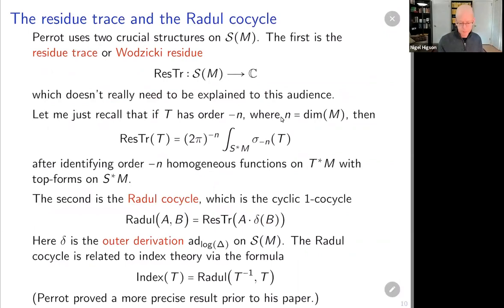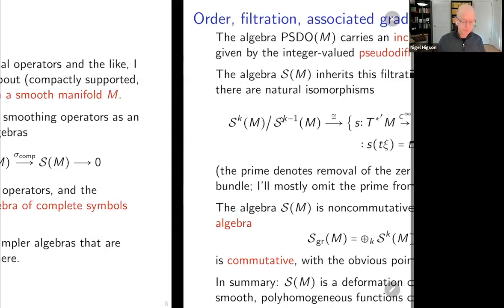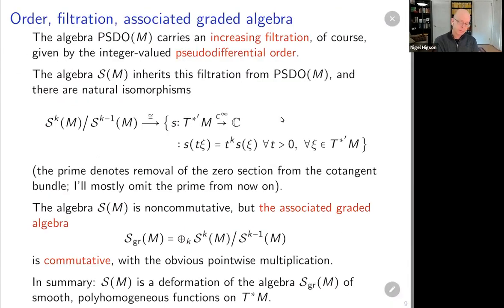But it has a filtration by the usual notion of order. And if you study the constituents of the associated graded algebra, what you find are very simple spaces. They're just homogeneous or polyhomogeneous functions on the cotangent bundle, like you see in the definition.